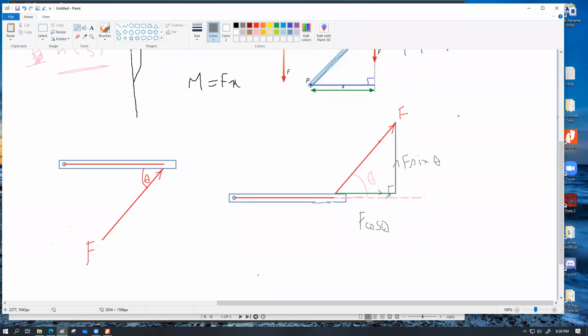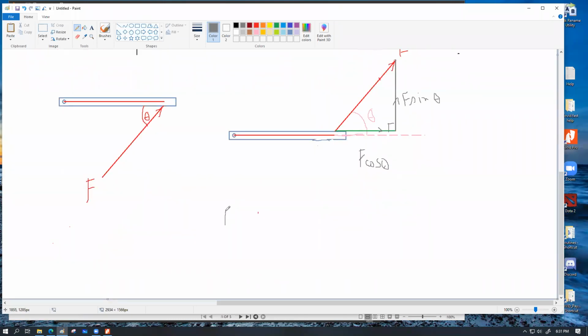Components mean that if this F force did not exist on this system, and these two forces individually existed on the system, then together they would have produced the same force over here. Or in other terms, the vector sum of f cos theta and f sin theta will be equal to f. How?